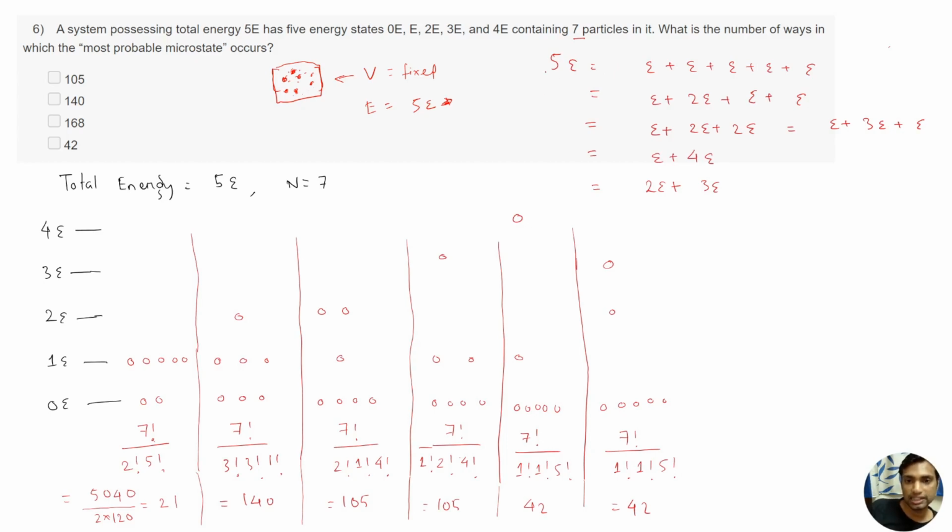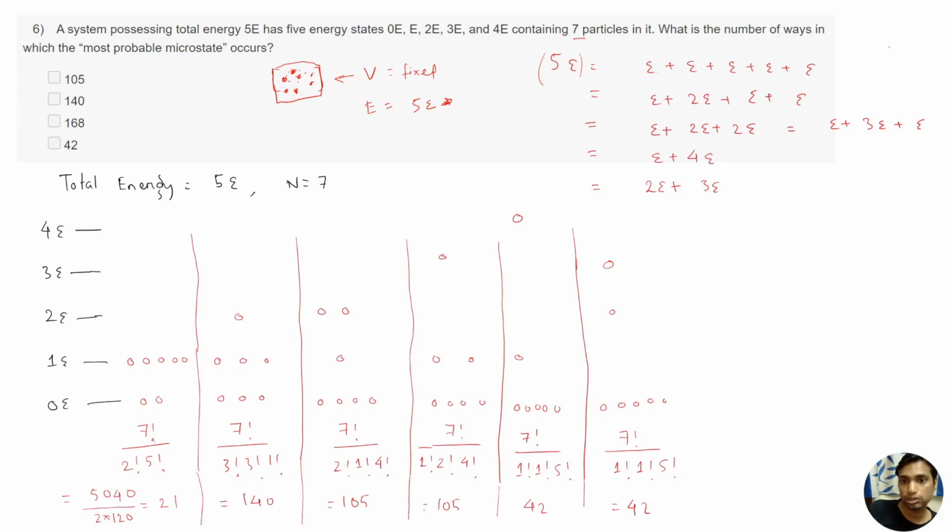You look at what energy levels you have: 0 1 2 3 4. Now you decompose this 5E into these energy levels. So you have this energy level 1E, and you have 7 particles.